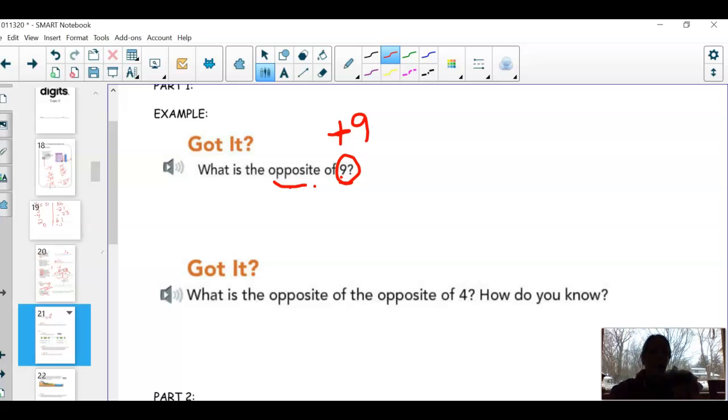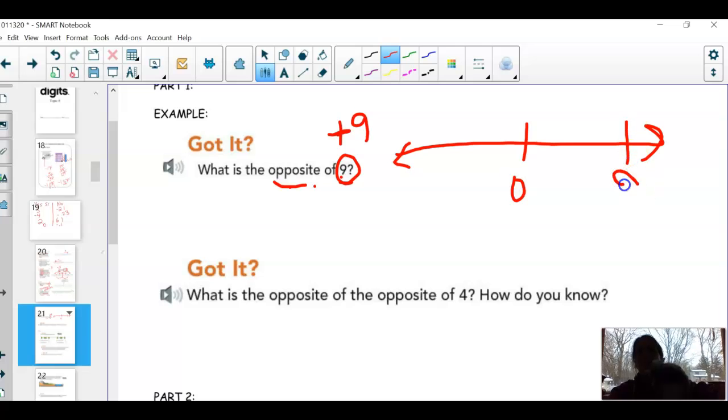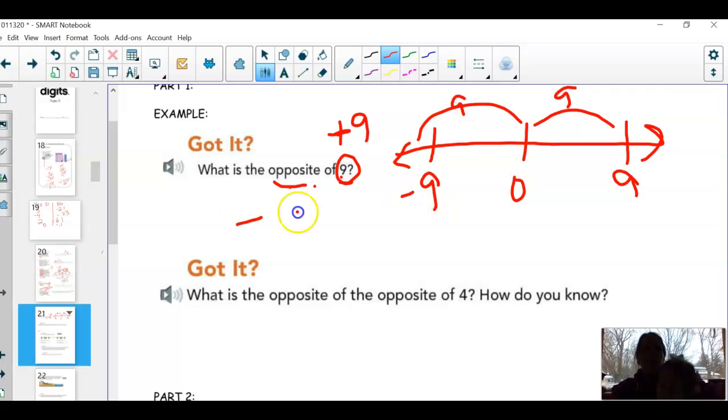So the opposite, if I had this on a number line, here would be 0. It would be to the right, a la derecha, porque es positivo, because it's positive. So it's 9 away. So I need 9 the other way. So that would be -9. So if you said -9, you were correct.